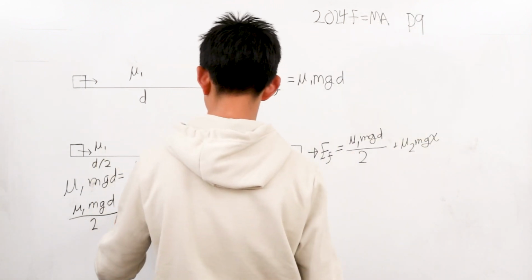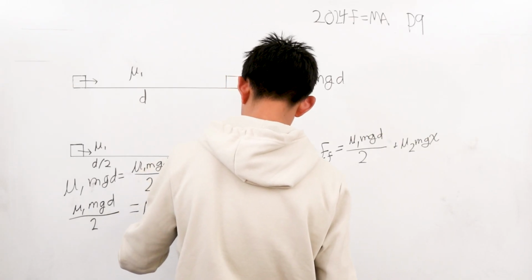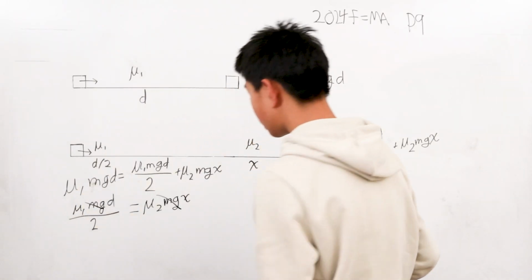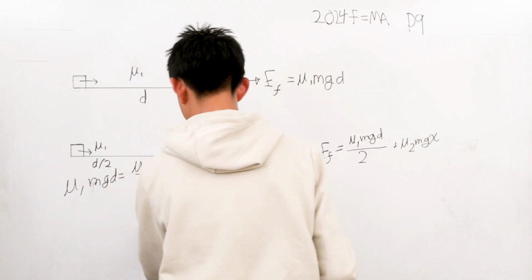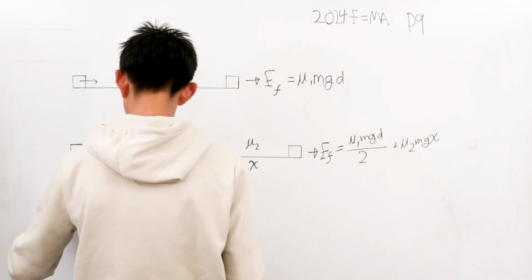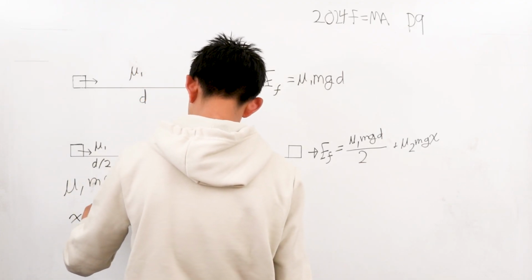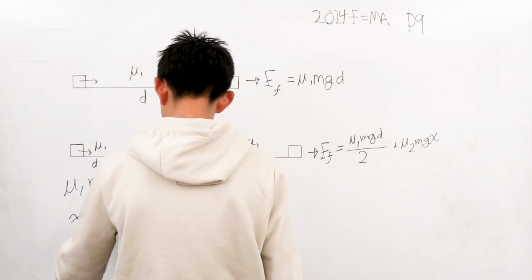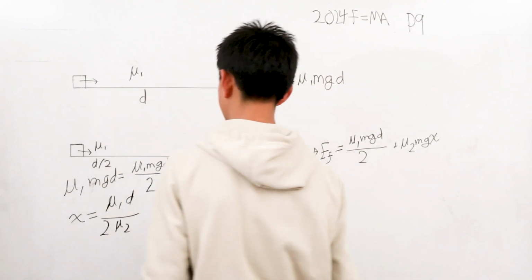This is equal to mu of 2 mgx, where we can cancel out the mg components and then divide both sides by mu of 2 to get x equals mu 1 d over 2 mu 2.